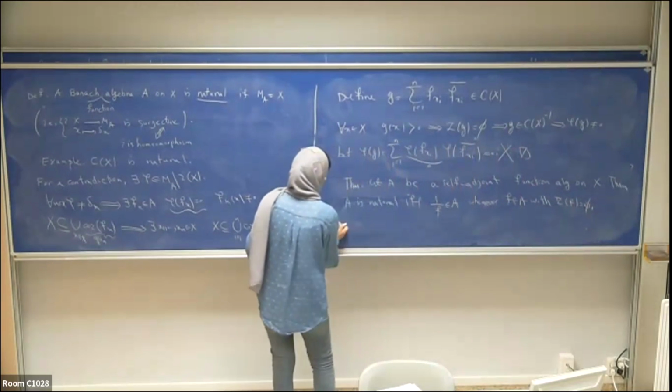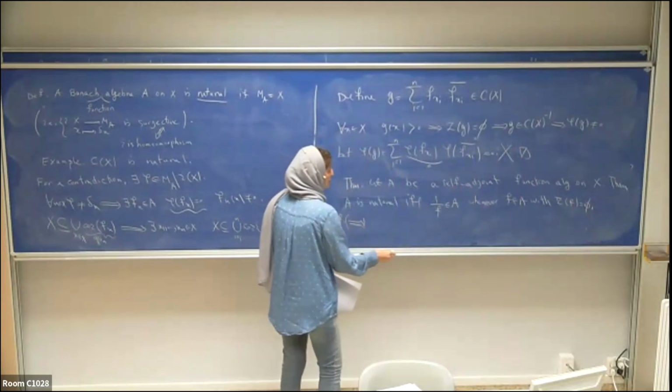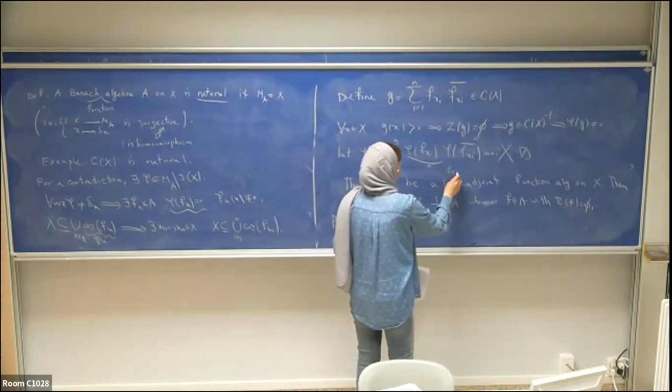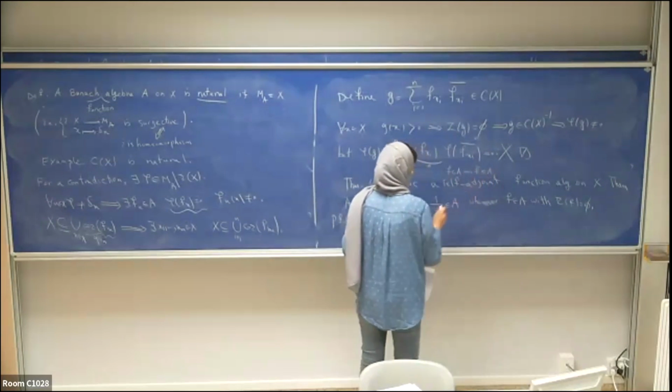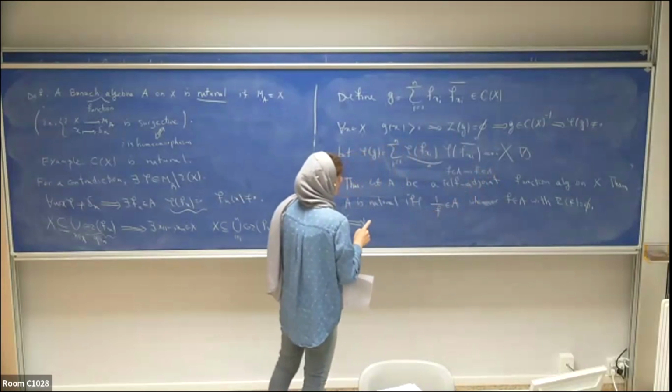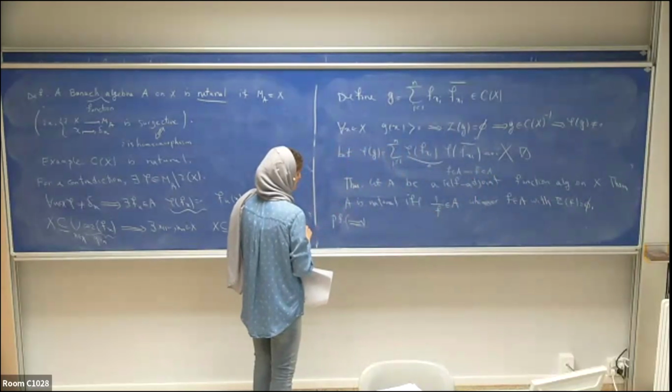And self-adjoint, I mean that if F is in A, then F bar is in A. Conjugation is also in A.